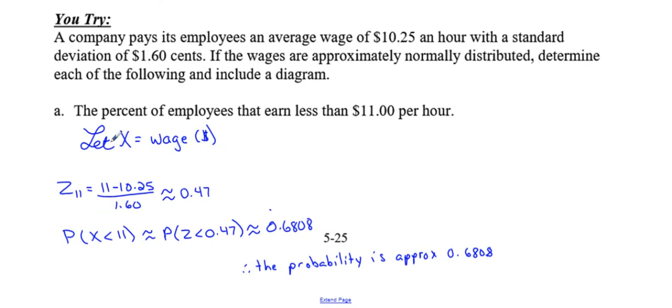So in this case, the variable is the wage. Because all questions refer to the same example, you only have to state the let statement once. The z-score is approximately 0.47. Because we're trying to find the probability of being less than the value, you just look at the table with a z-score of 0.47 and the probability is approximately 0.6808.